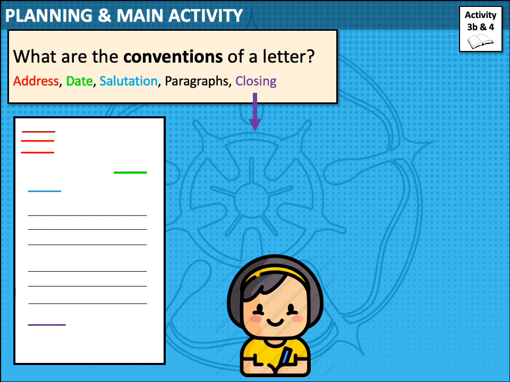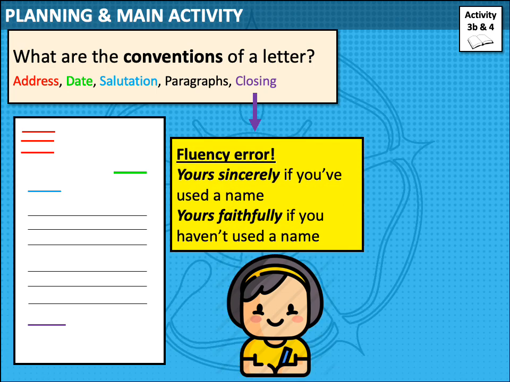Now, let me mention something about the way that you close a letter, because this is an error that students often make, and sometimes even adults make, when they're writing a formal letter. The way that you close a letter is very much connected to the salutation.